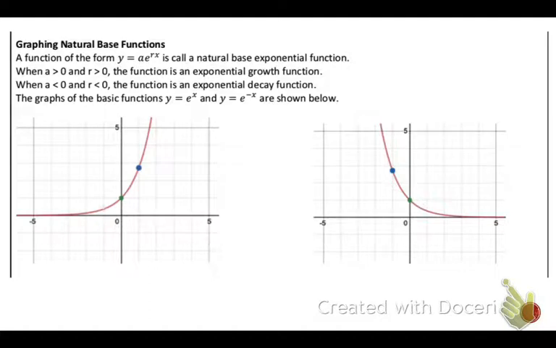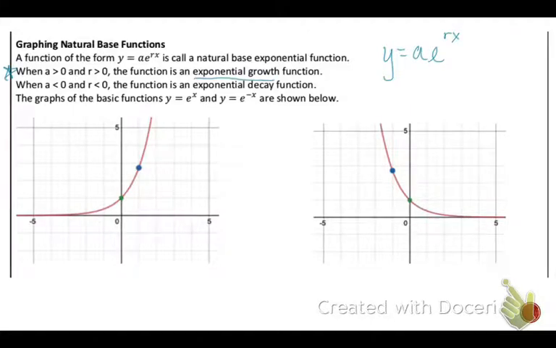Now let's look at the parent function of the graph of y equals an exponential function with the natural base e. So a function in the form y equals some beginning amount a times base e raised to the r times x is called a natural base exponential function. When a is greater than 0, r is a multiplier.